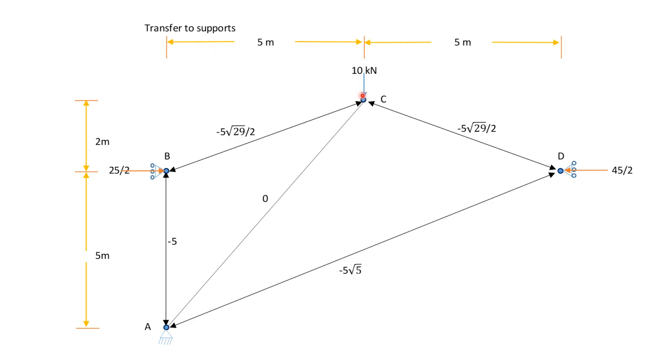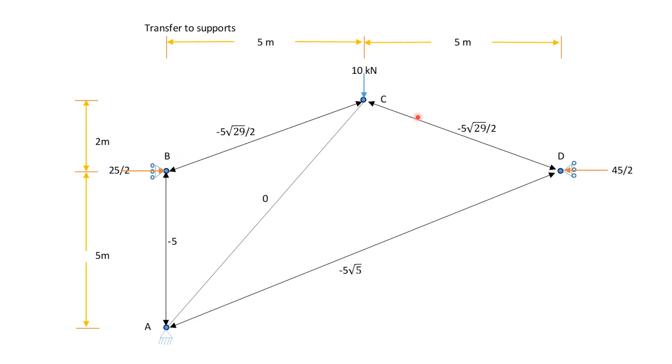The only external force applied is the 10 kilonewtons at C. And you can do the transfer to the supports in different ways, but in this case I'm just going to assume this 10 kilonewtons is equally balanced by these two forces in BC and DC. So I'll have zero force along this diagonal, and this is split equally in these two directions.